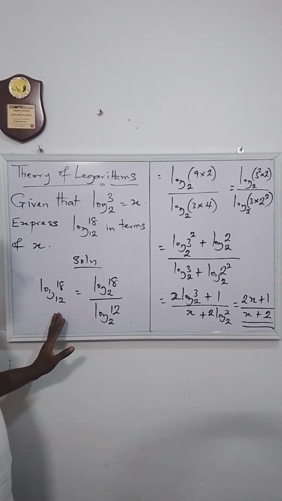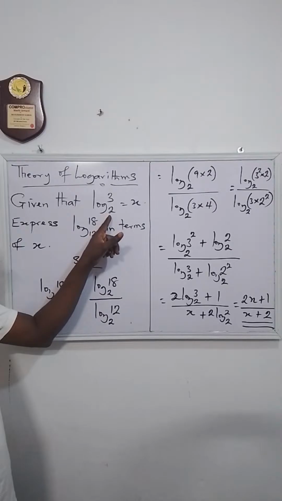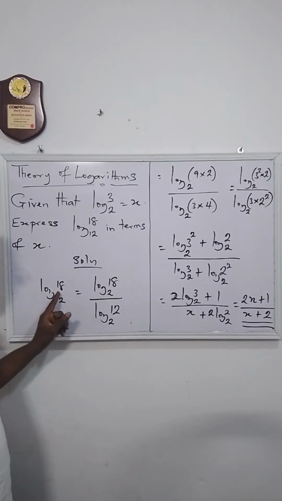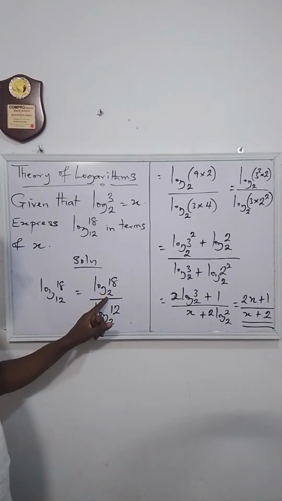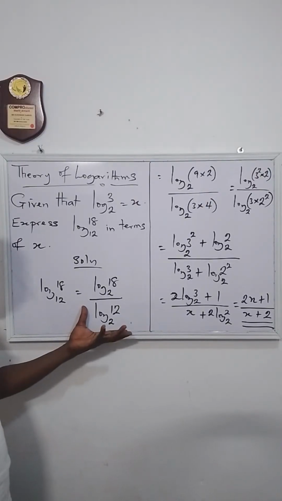The base I'm going to be introducing will be the base of log 3 here. So now this log 18 base 12 gives you log 18 base 2, that's the new base, all over log 12 base 2, sorry. Okay, so that's what you have.